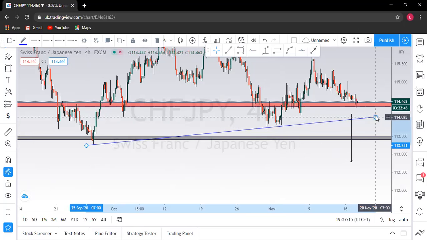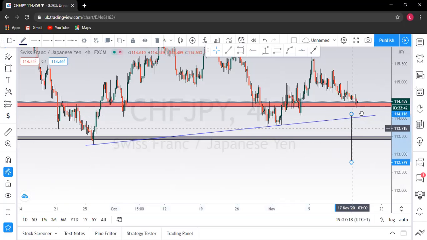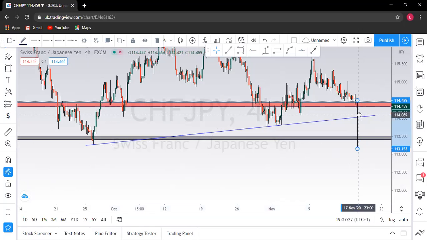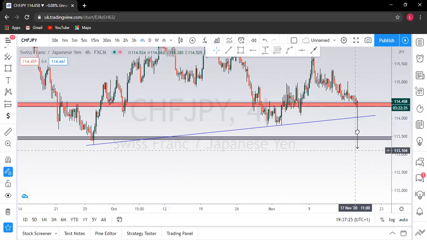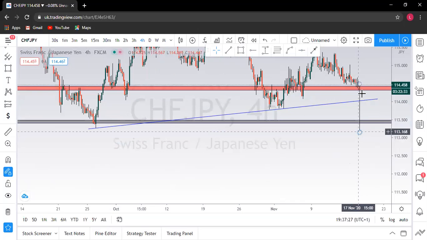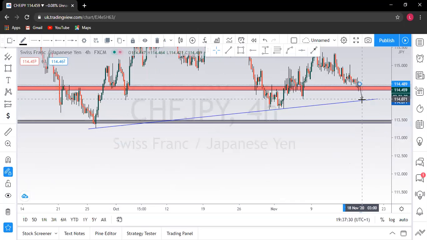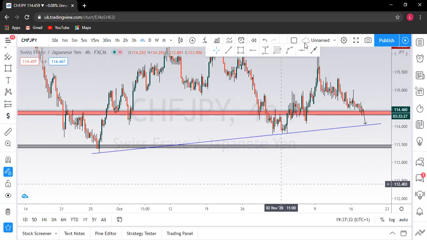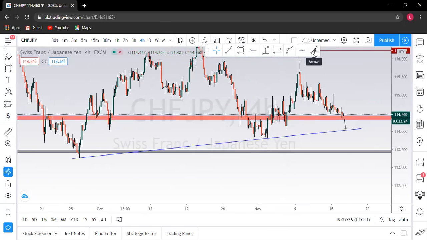So if this market should dip into this zone, like if it should dip into this place, we expect it to respect this trend line and actually go to the next target of our take profits.